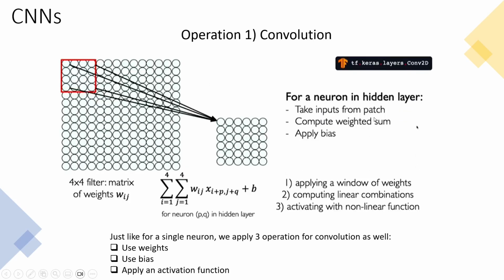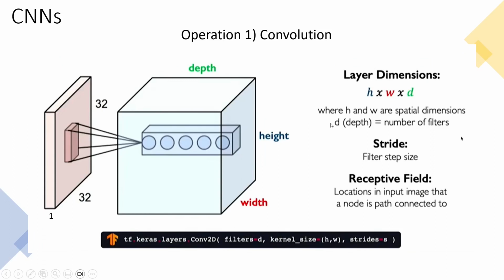We had seen how we can use the convolution operation, so I'm not going to go into the details of this slide. Basically, what we will come up with from this convolution operation is a tensor which looks something like this. Assume that we have a 32 by 32 image, width 32, height 32, and one dimensional.